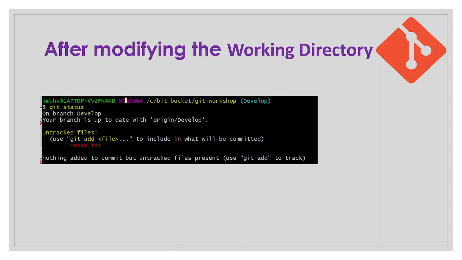Few files need to be committed because those are already in staging, and a few files are in untracked state, which need to move to staging. If some files are already committed, it will show you these changes need to be pushed to the remote repository. So it will give you all the changes and the stage those files are currently in.